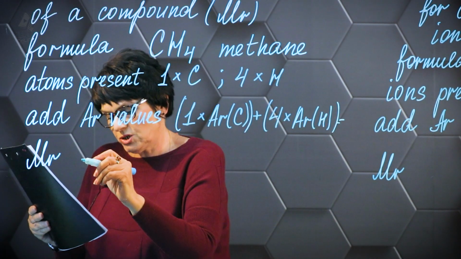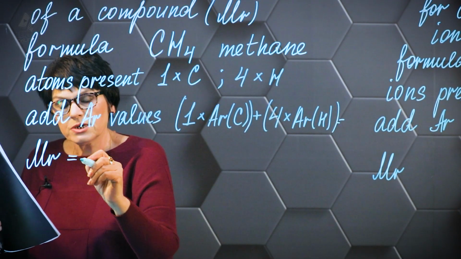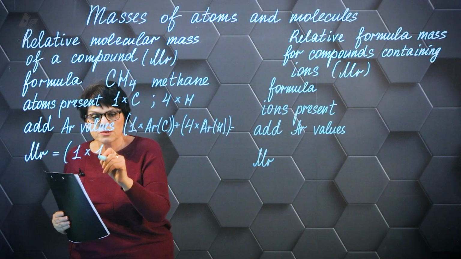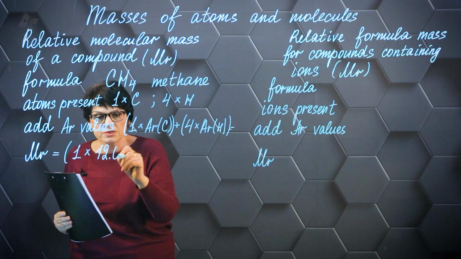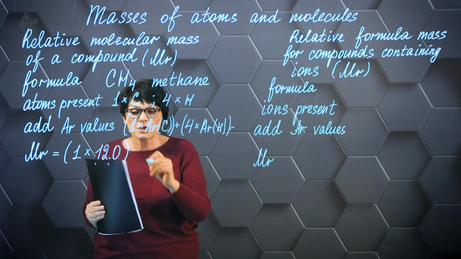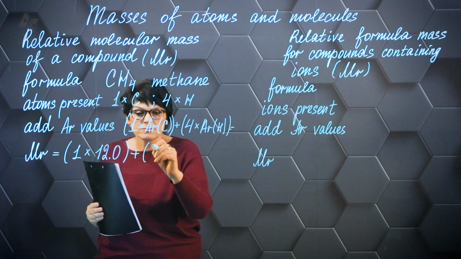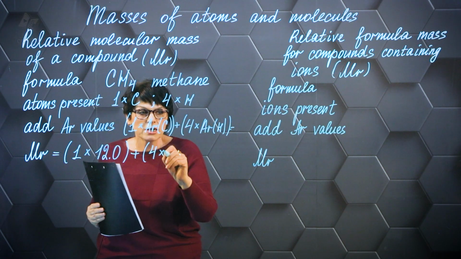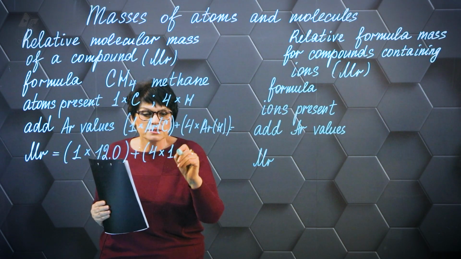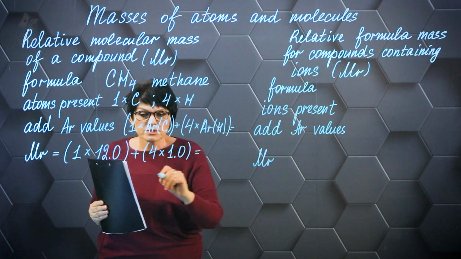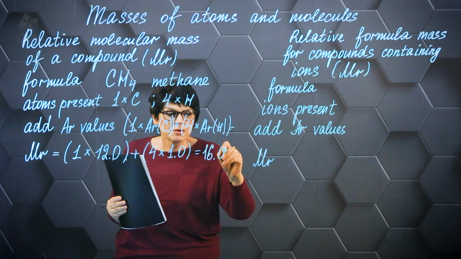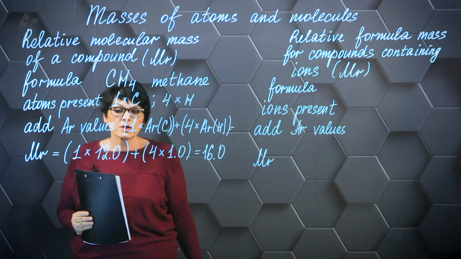The result is 1 multiplied by its mass, 12 to the nearest whole number, plus 4 multiplied by the mass of the hydrogen atom, 1. The result of the calculation is 16, the relative molecular mass.